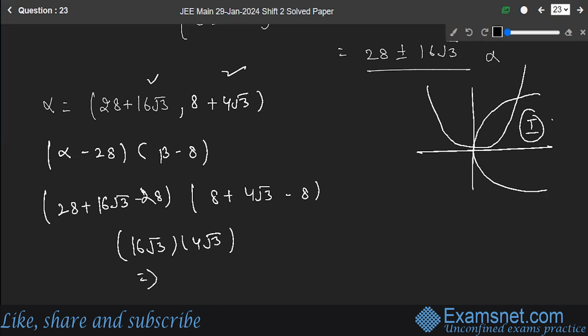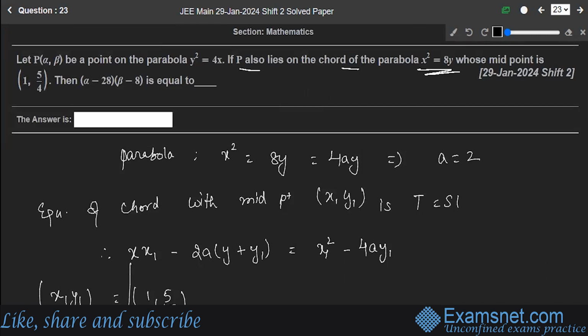This will be 64 into 3, so this will be 192. So this is the answer to the question, 192. Hope you're clear with this. Let's move to the next question then.